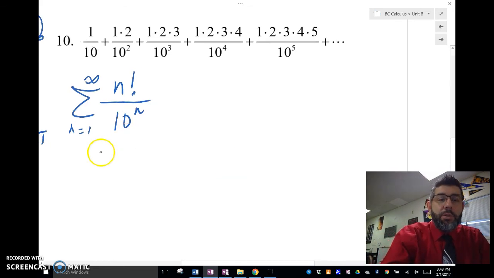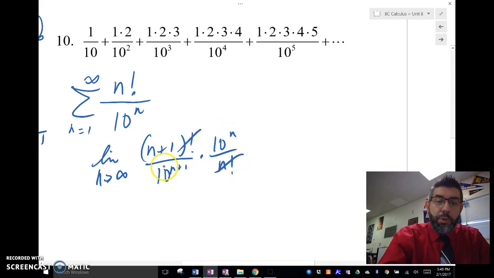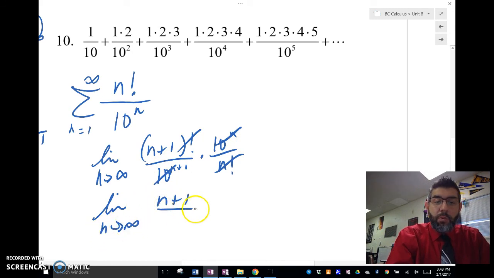So I'm going to go and do my ratio. The limit as n approaches infinity of (n plus 1) factorial over 10 to the n plus 1 times 10 to the n over n factorial. Boom, boom, boom, boom. We get the limit as n approaches infinity of n plus 1 over 10.